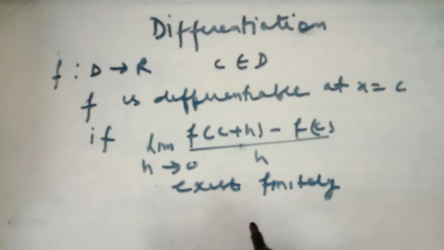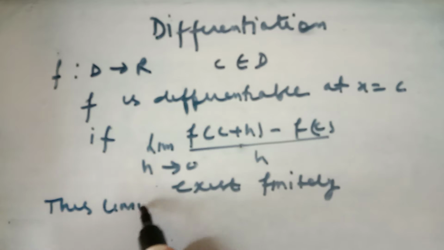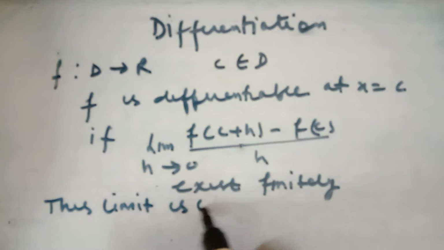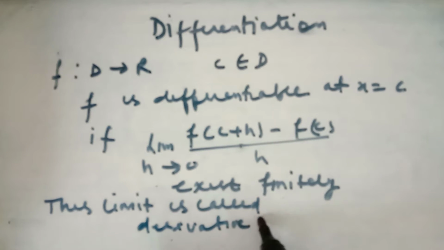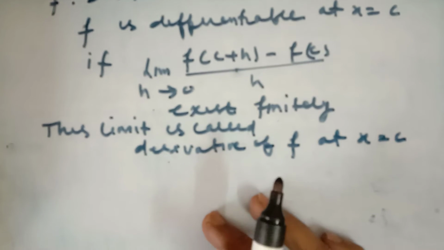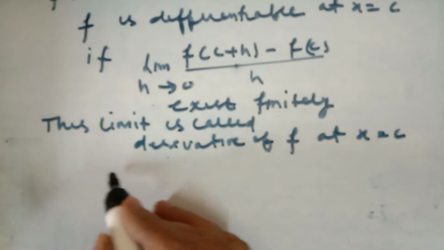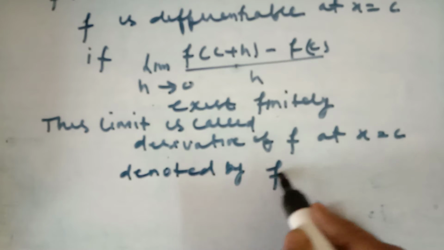Then the function is said to be differentiable at that point, and this limit is called the derivative of f at x equal to c, and is denoted by f dash c.